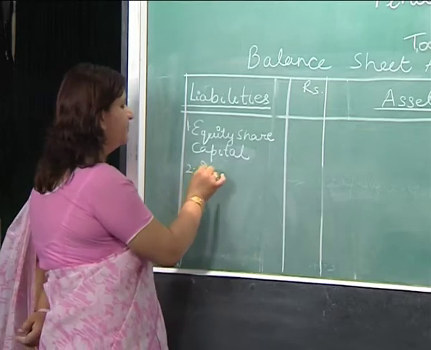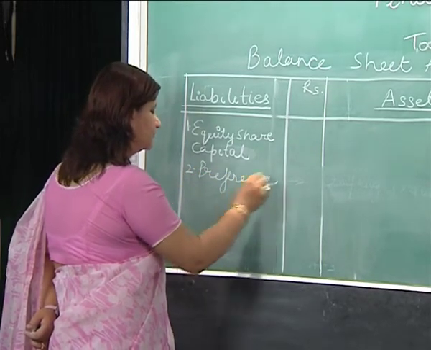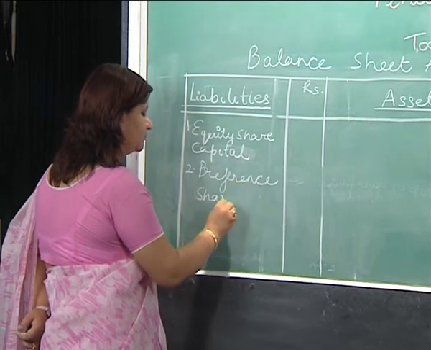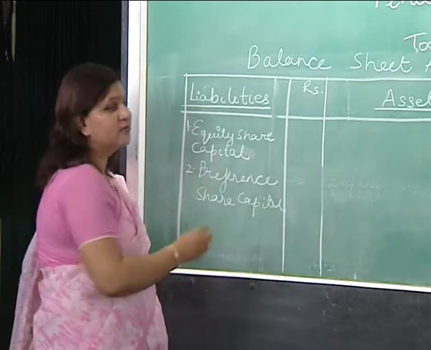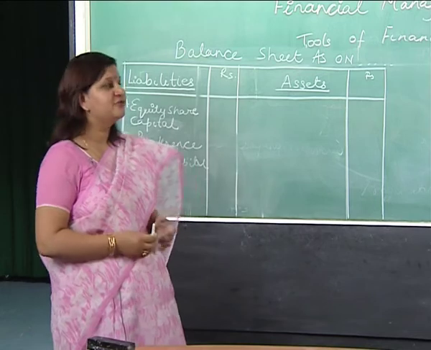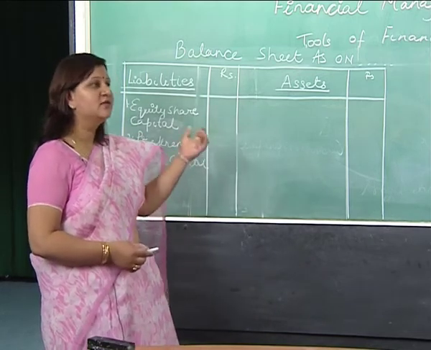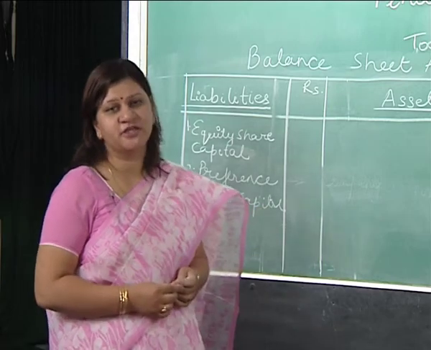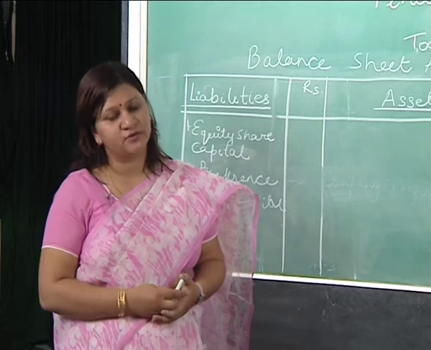Next will be preference share capital. Preference share capital is another form of share capital which is called preference or preferred stock. The shareholders of preference share capital are given preferential rights over equity shareholders.